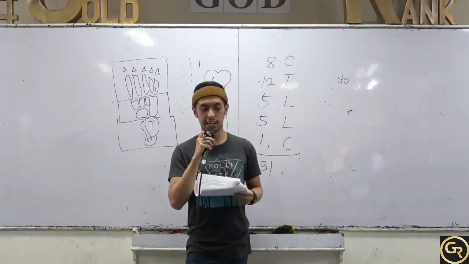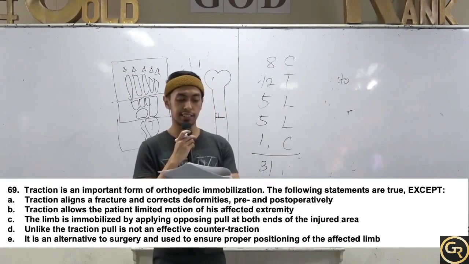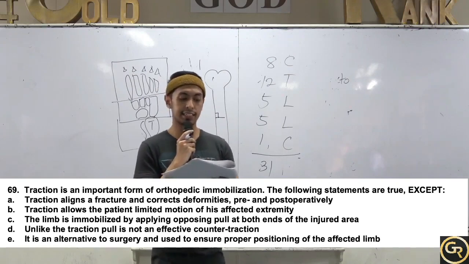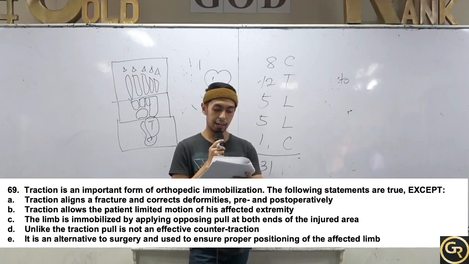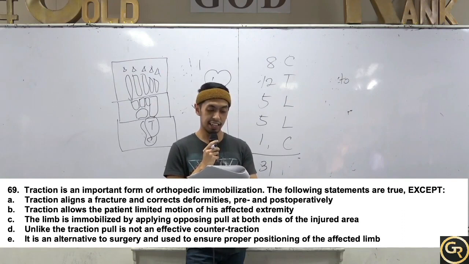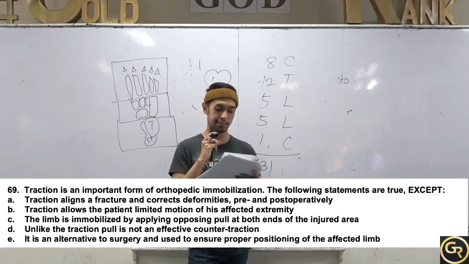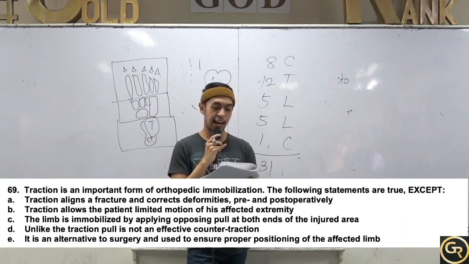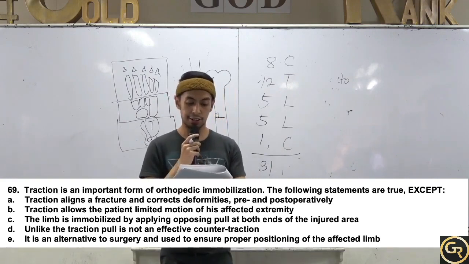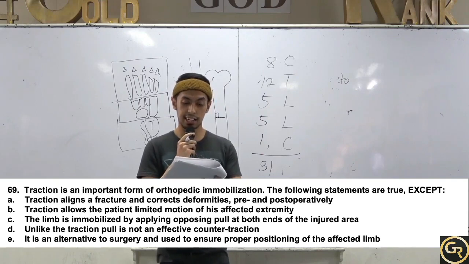Number 69. Traction is an important form of orthopedic immobilization. The following statements are true except blank. Which one is wrong among our choices? Considering the choices, the wrong one is your letter dog: unlike the traction pull, is not an effective counter traction.